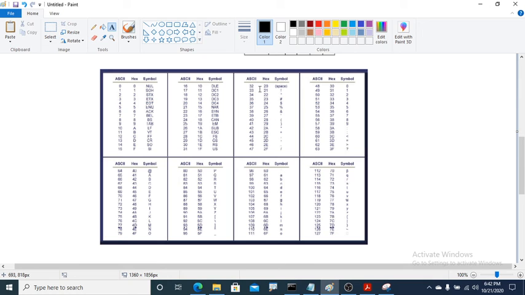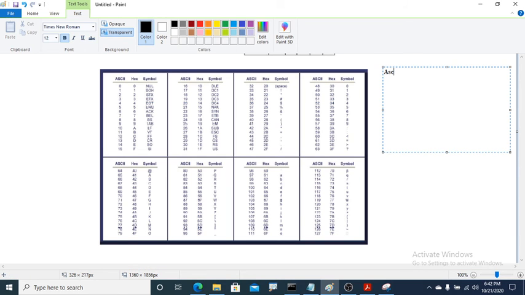The space bar, all of you know that. Exclamation, hash, dollar. Each and every character has its own ASCII code. So you can write the explanation in the paper, like ASCII characters explanation.